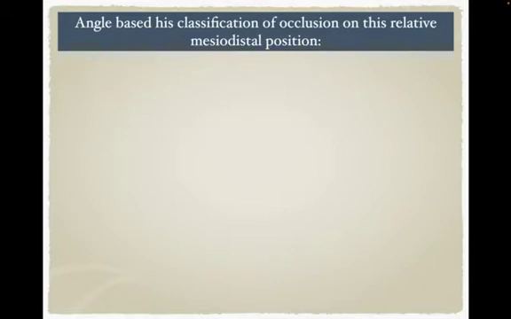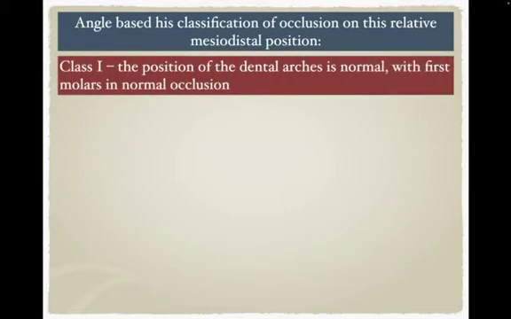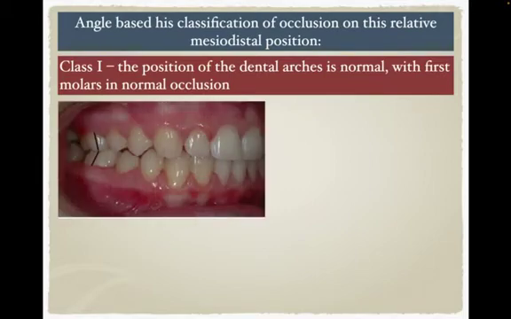So Angle based his classification on the molar relationship, and he classified malocclusion into class 1, class 2, and class 3. When he divided into class 1, that means the position of the dental arches is normal, with the first molar in the normal position. So when a patient has a class 1 molar according to Angle, that means we don't have an AB discrepancy. The position of the teeth is correct, as we can see here.